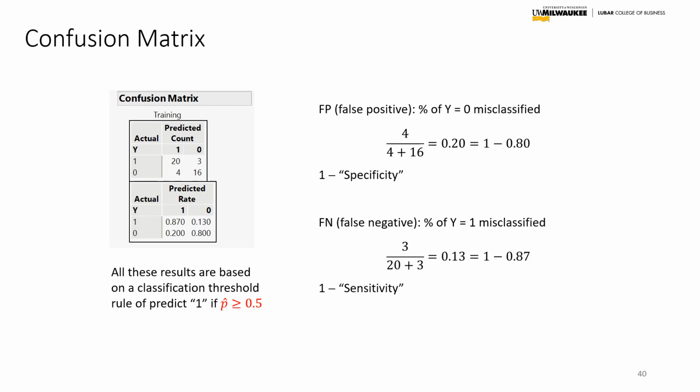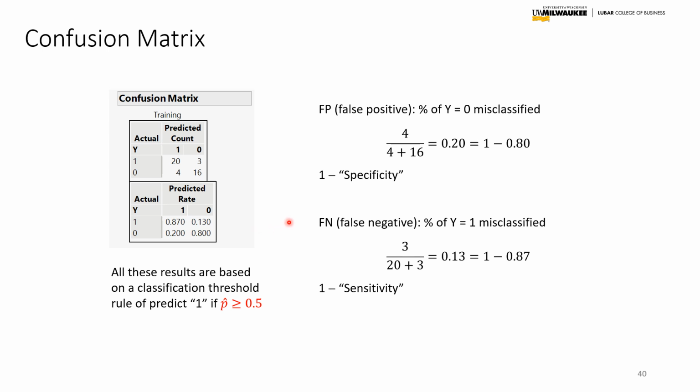We can now compute the false rates. For example, there were 20 zeros in the data set. 4 of them were predicted to be ones. This is referred to as a false positive. We thus have 4 out of 20, which is 0.20, a 20% false positive rate. You'll note that it's by no accident that 1 minus 0.80, which is 1 minus specificity, will give us that value also.